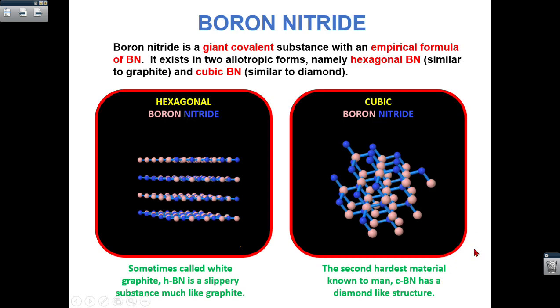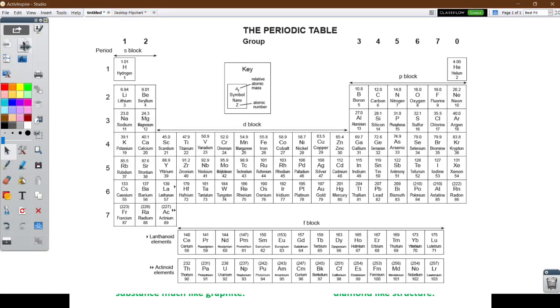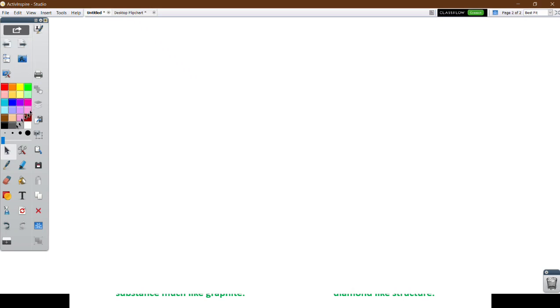So we're going to take a look at both of these structures now, and we're going to compare them to graphite and to diamond. Before I do that, however, let's just think of why they're similar to carbon. So just going to look at carbon structures. So if we think of carbon as an atom, then carbon is element number 6 in the periodic table, and its simple electron structure would be 2, 4.